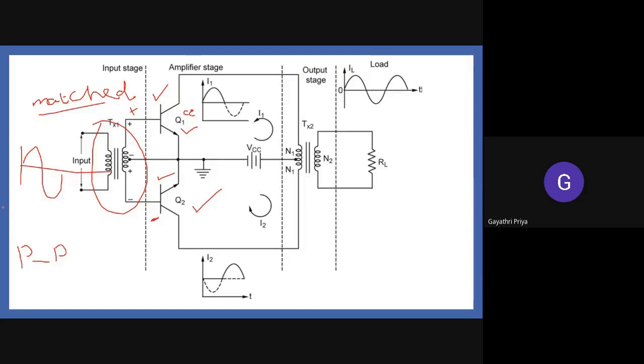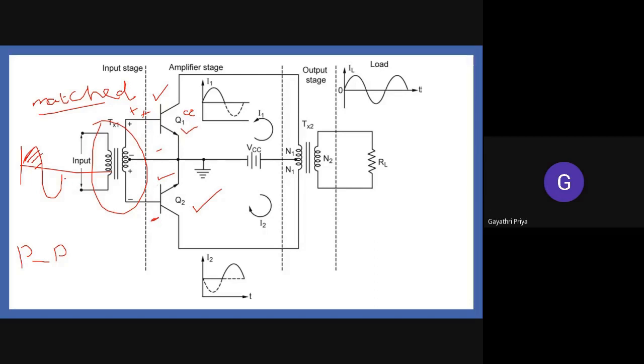If I give a complete cycle, let us consider only the positive half cycle. During the positive half cycle, your base terminal is positive, whereas the emitter terminal is negative. Your base is positive with respect to emitter.